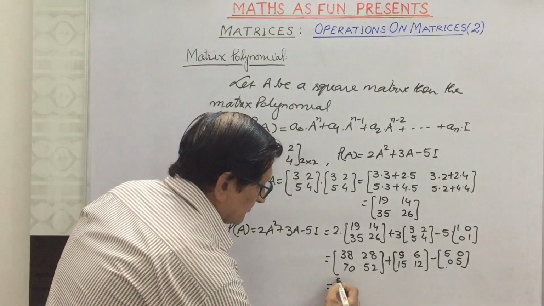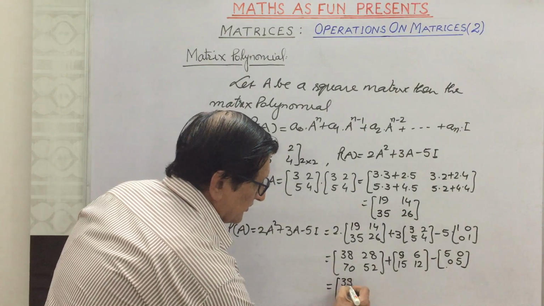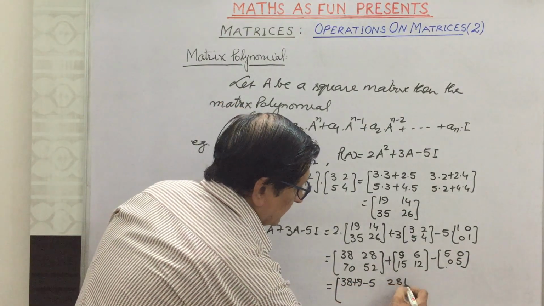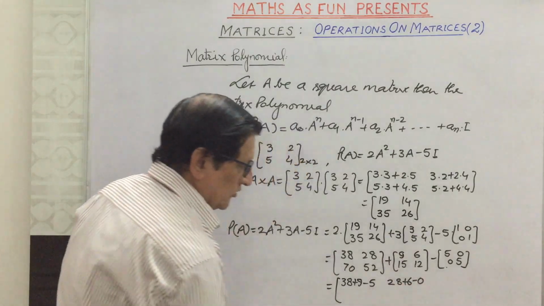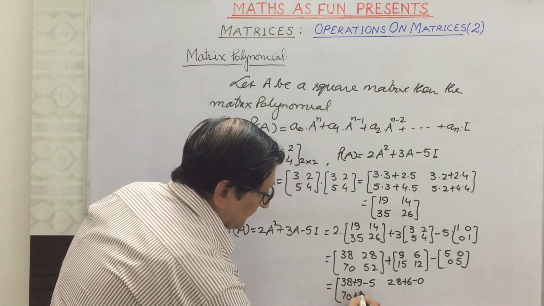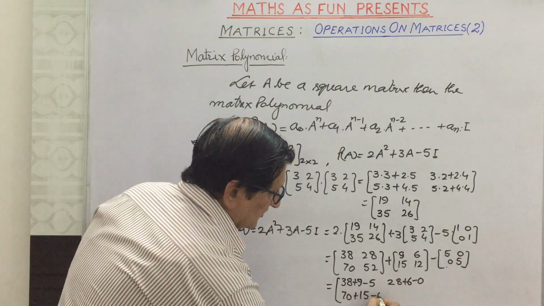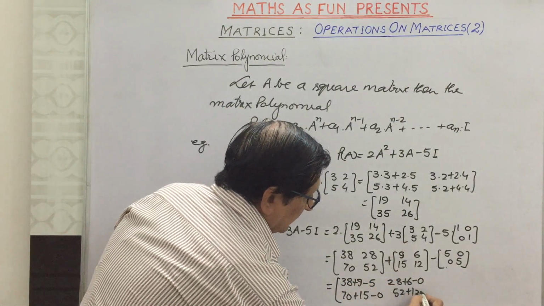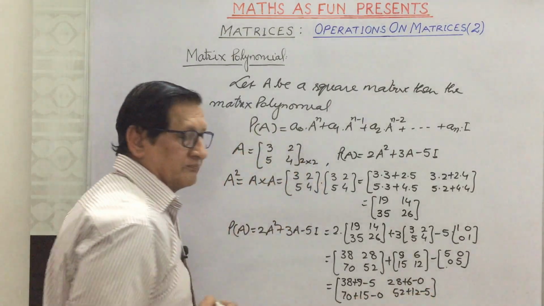And we simplify. This is 38 plus 9 minus 5, 28 plus 6 minus 0, 70 plus 15 minus 0, 52 plus 12 minus 5.